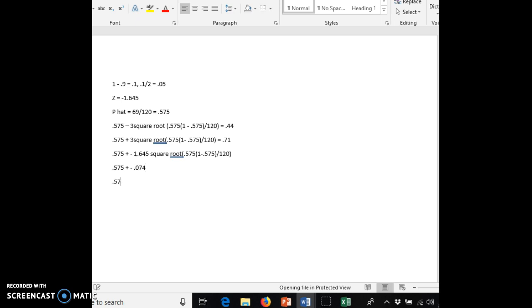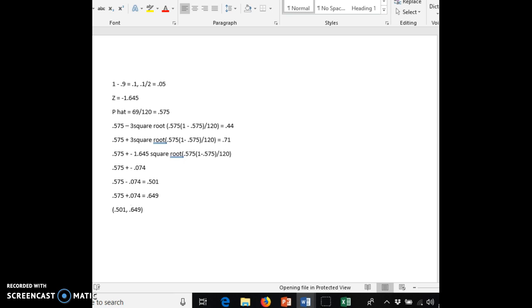And so now we need to do our 0.575 minus 0.074 and our 0.575 plus 0.074. The minus gives us 0.501 and the plus gives us 0.649. So our confidence interval goes from 0.501 to 0.649.